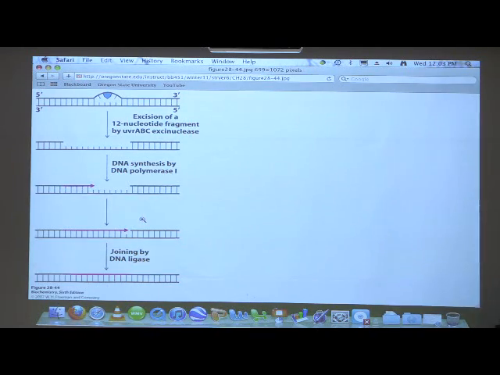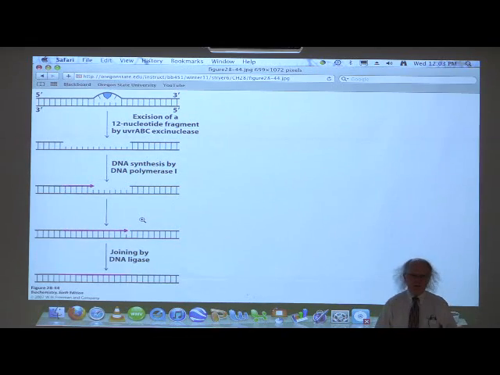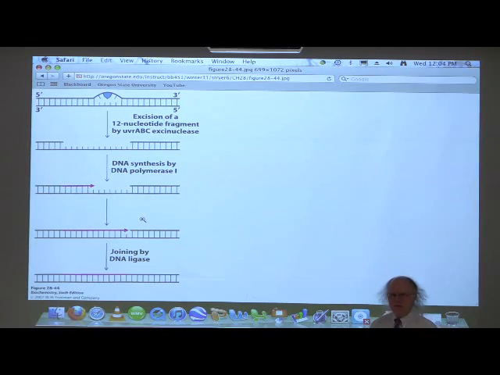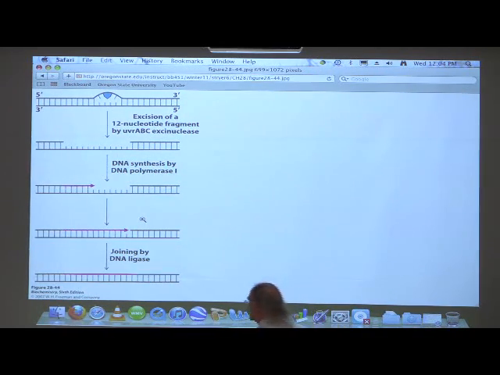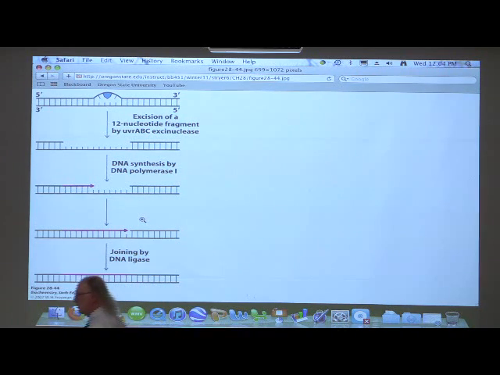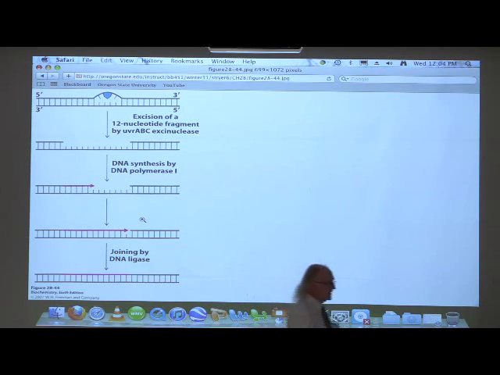All right, the other system I talked about last time is called nucleotide excision repair. And nucleotide excision repair is a mechanism that's very useful for removing DNA adducts and thymine dimers. So these are modifications to the DNA that will cause a bulge, a different kind of bulge than we see with a mismatch.